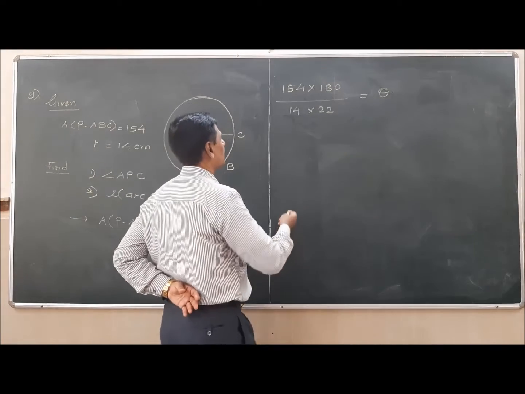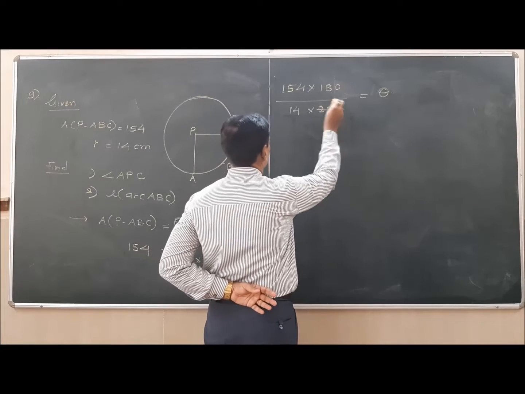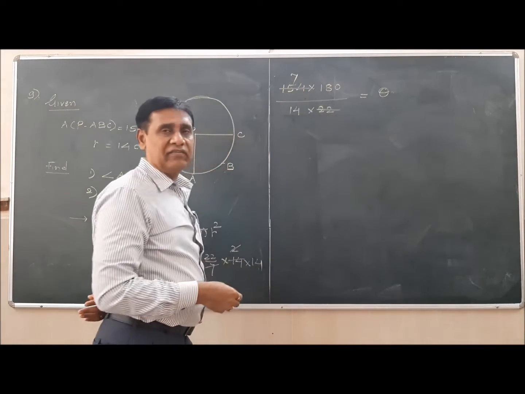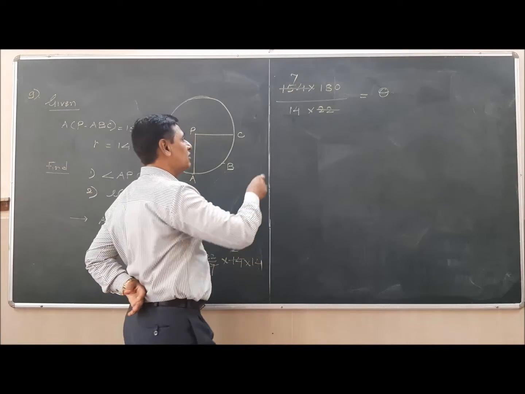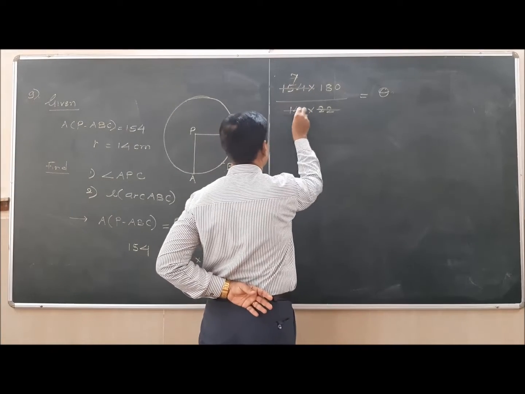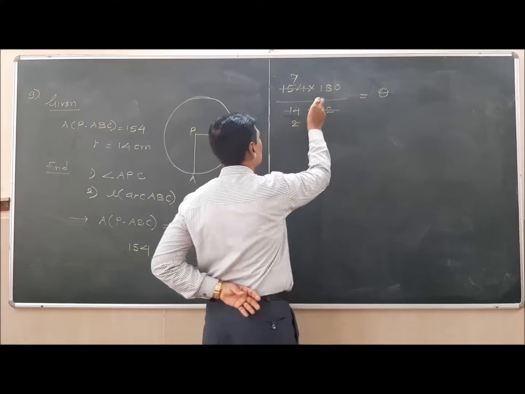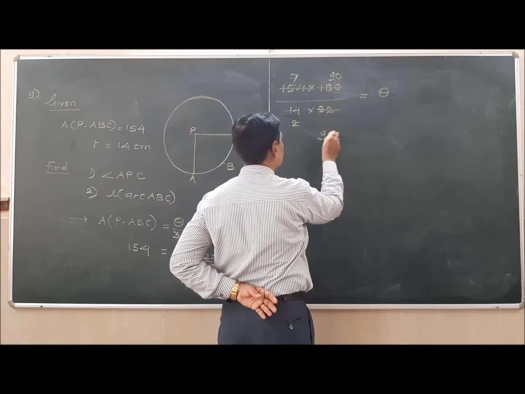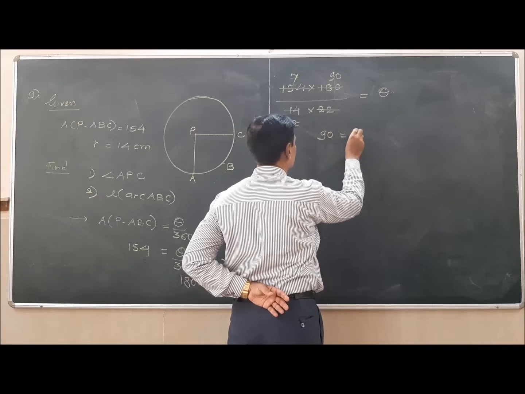Now you will find 22 sevens are 154. Then 7 twos are 14 and 2 90s are 180. So this is how 90 is equal to theta.